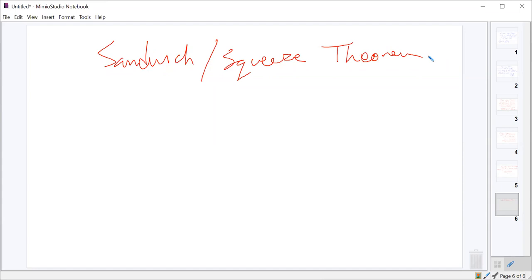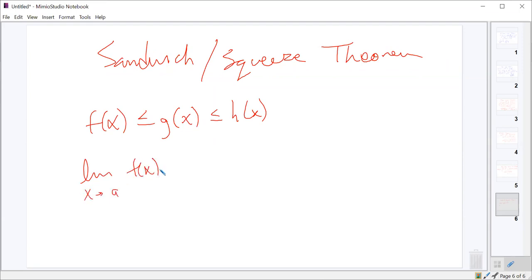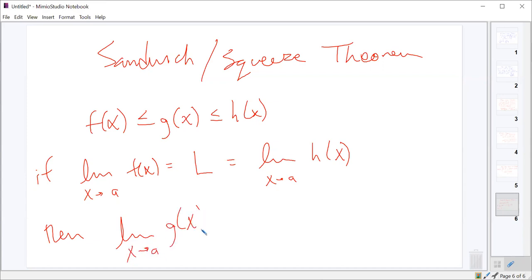Anyway, sandwich theorem or squeeze theorem says that if g of x is less than or equal to h of x, but greater than or equal to f of x, so it's squeezed or sandwiched between those two functions, and the limit as x approaches a of f of x is equal to, we'll say L, which is also equal to the limit as x approaches a of h of x, then the limit as x approaches a of g of x is also that same L value.